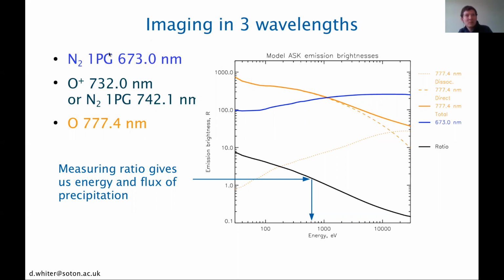We can observe those two emission brightnesses and calculate this ratio, and that tells us what the energy of the precipitation is. Earlier on, when I first started talking about the temperature profile inversion, and I said we needed the energy and flux of precipitation, this is how we do it. We observe those two emissions, take the ratio, and that tells us what the energy is.